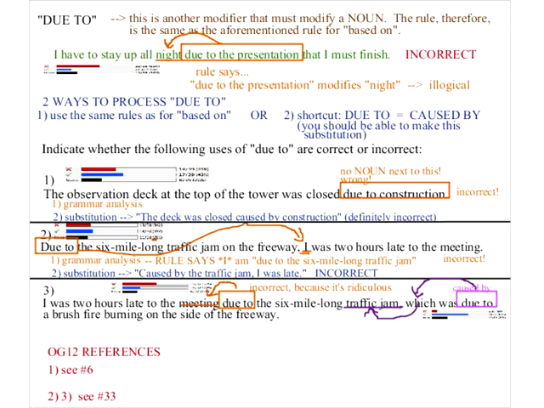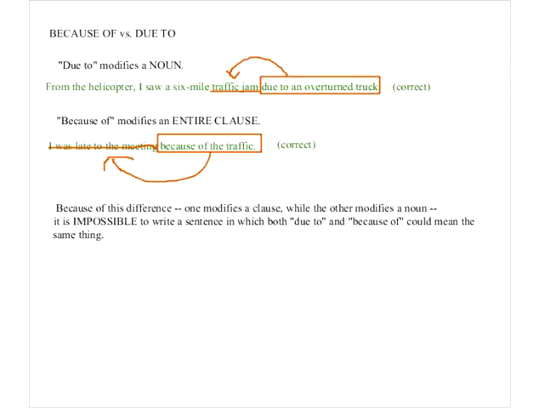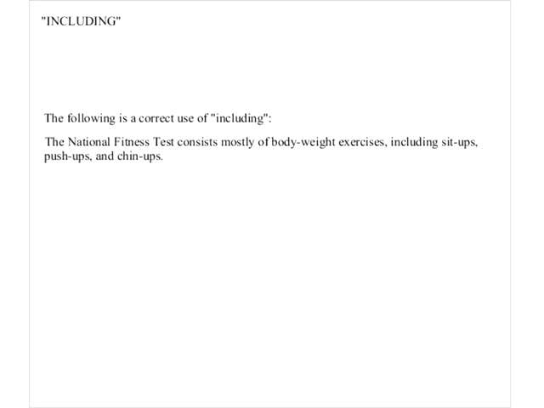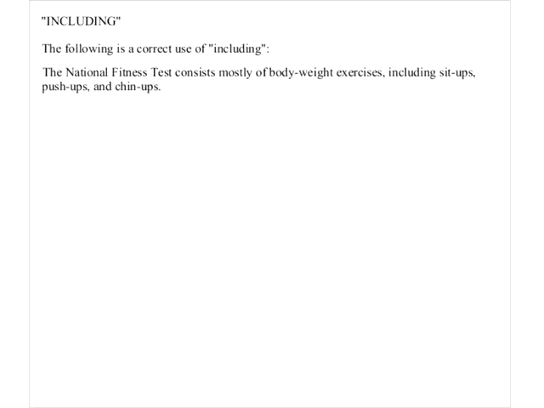Okay. Now let's talk about including. Here's how including works. I'm just going to give you a correct sentence, and then I'll tell you the thing. Here's how including is used when it's after a comma.